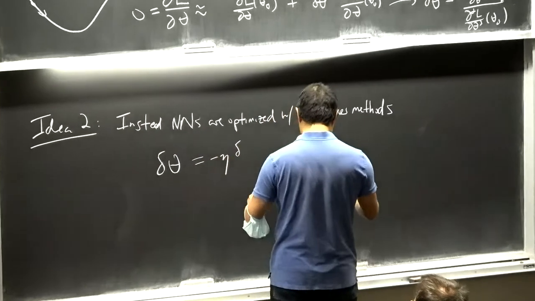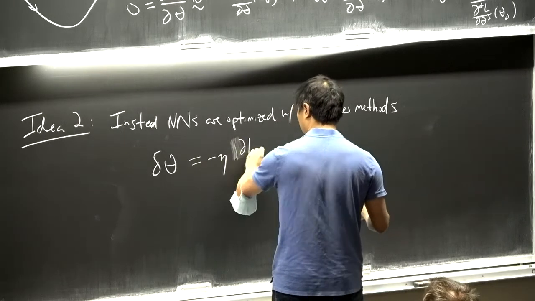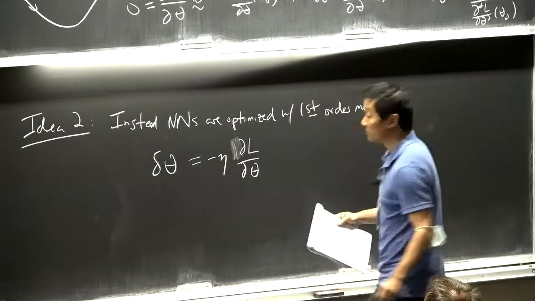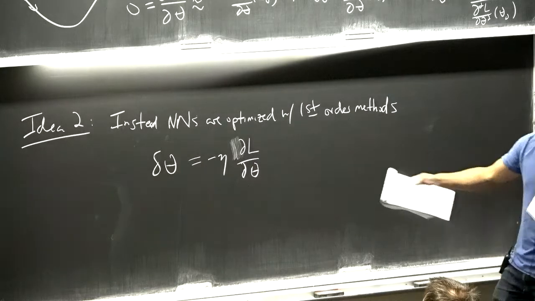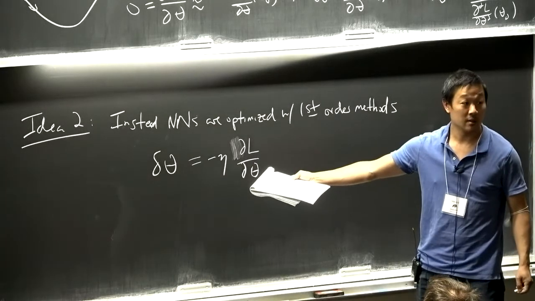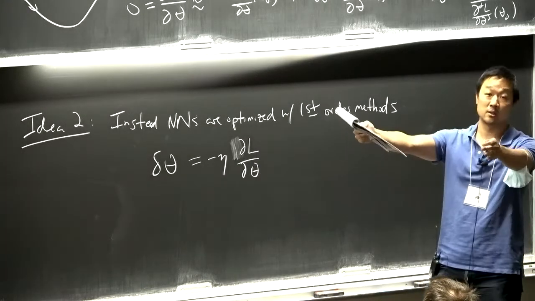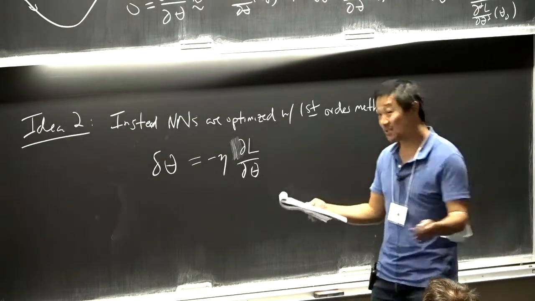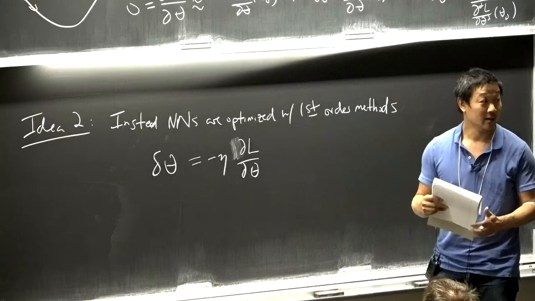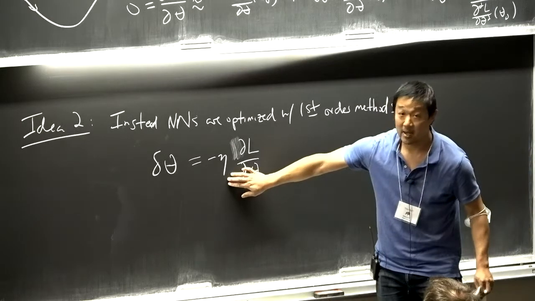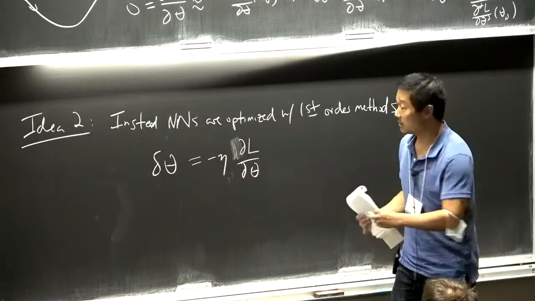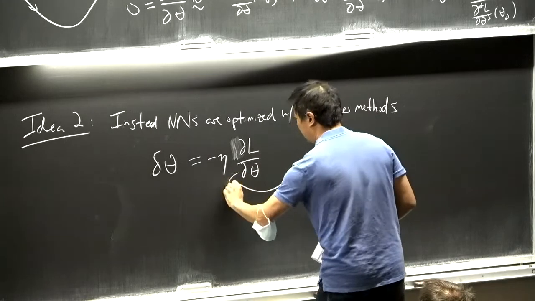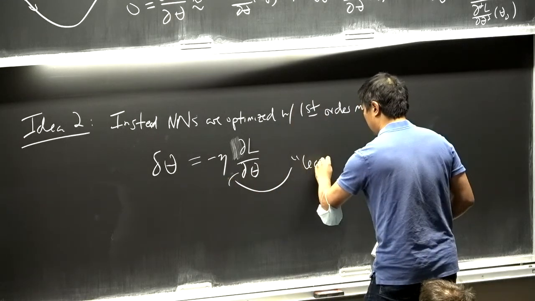So you literally just do this. You compute the first derivative of the loss. That gives you a direction in parameter space. And you say, I hope that direction is at least pointed roughly in the right direction. And I multiply it by, now I introduce another hyperparameter, called the learning rate.